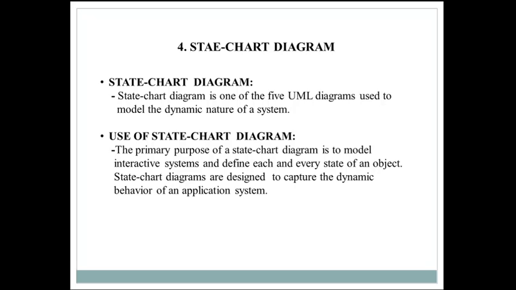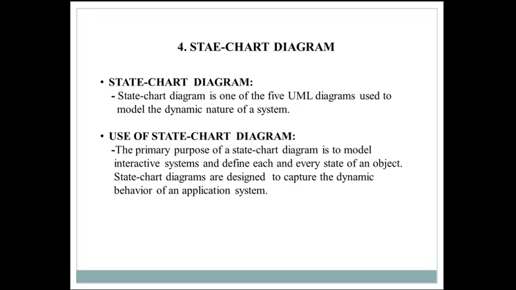Uses of a state chart diagram. The primary purpose of a state chart diagram is to model an interactive system and define each and every state of an object. A state chart diagram is used to capture the dynamic behavior of an application system. A real-time system is expected to react to some kind of internal or external events.